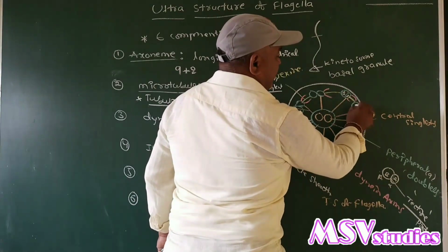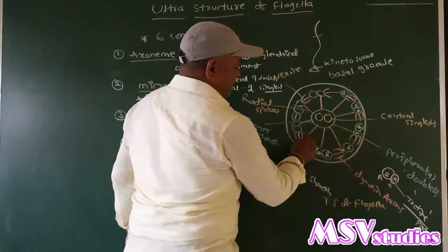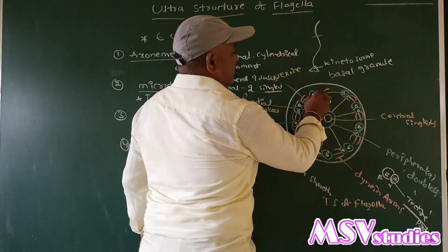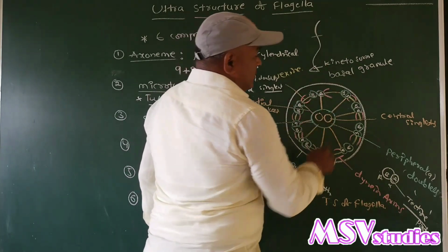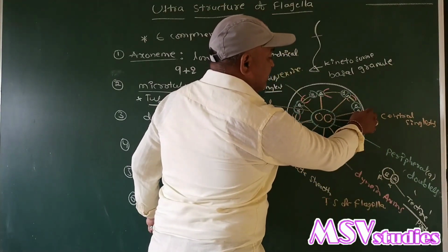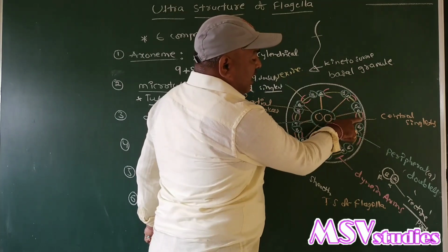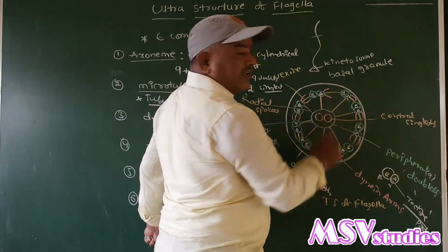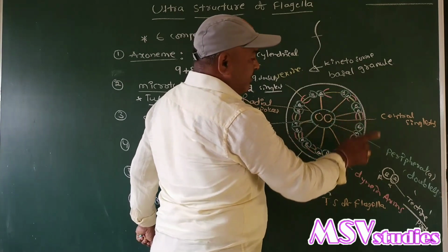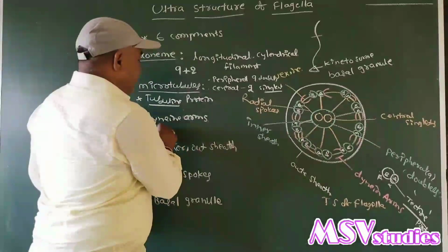So this is A B, A B, A B. The A microtubule of one peripheral doublet is attached to the B microtubule of the adjacent one. The A microtubule also connects with the inner sheath by elastic fibres. Next, the A microtubule has one pair of dynein arms.